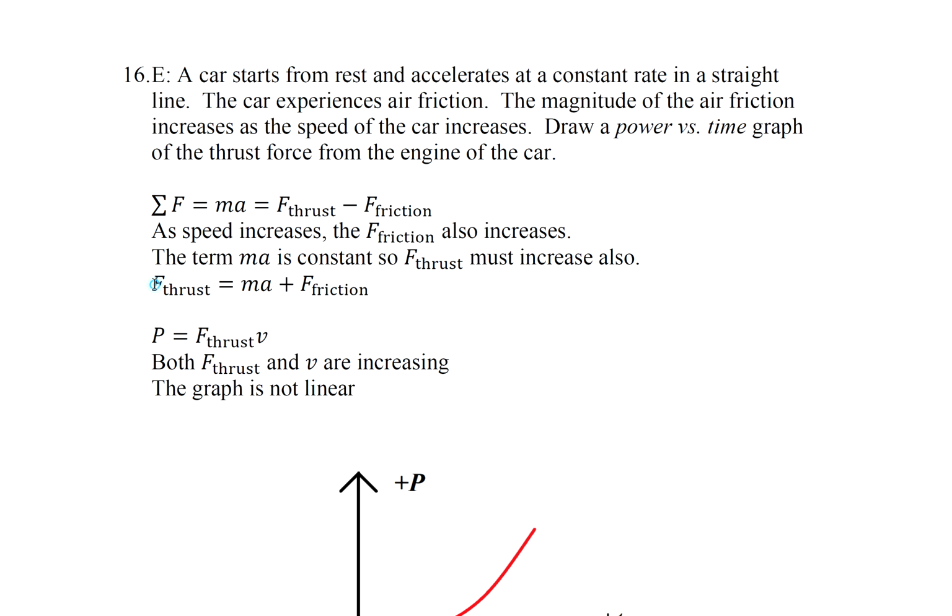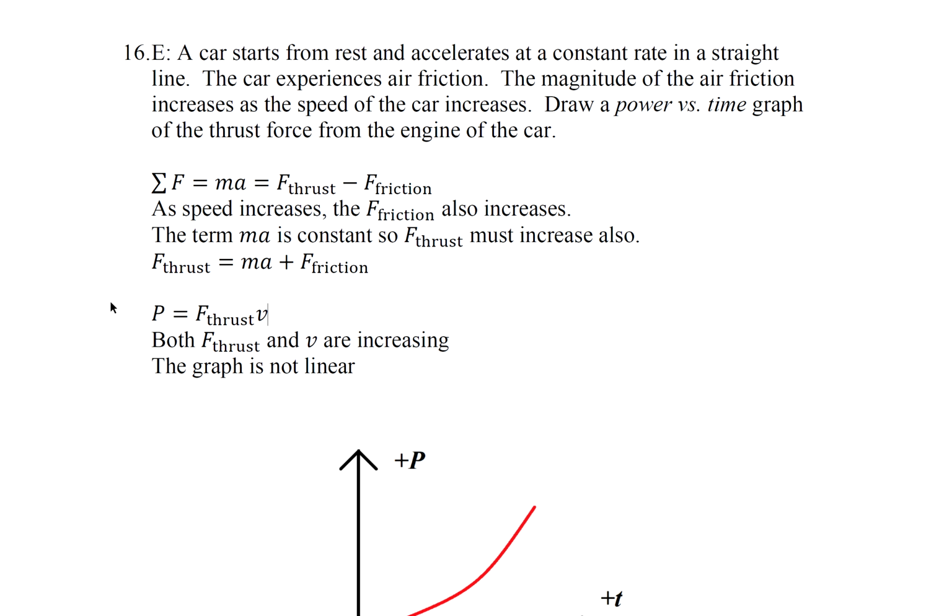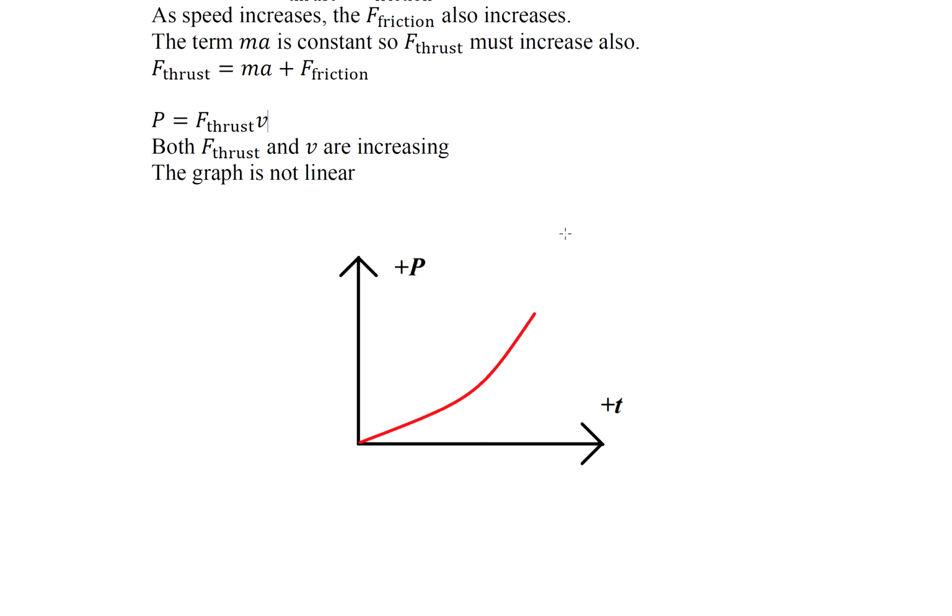So let's solve for force of thrust. The left-hand side will increase because force of friction increases, and ma has to be constant. So we have this equation here. Both force of thrust and V are increasing. So now we have something that looks like this. It's not linear.